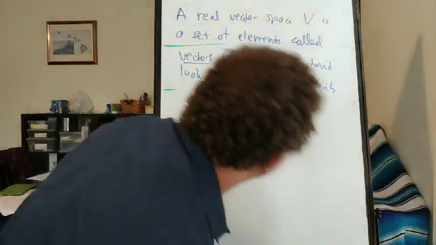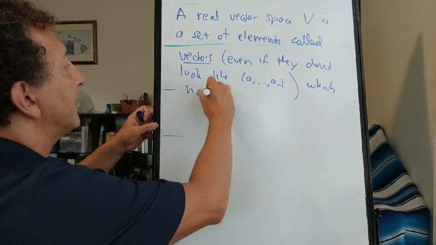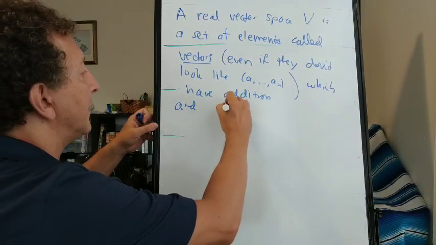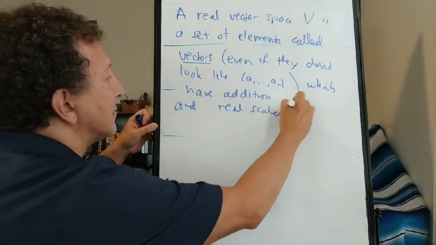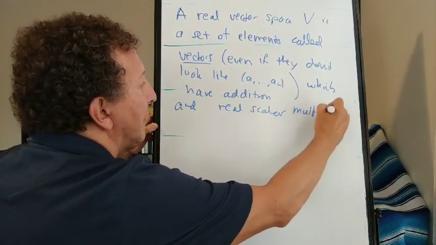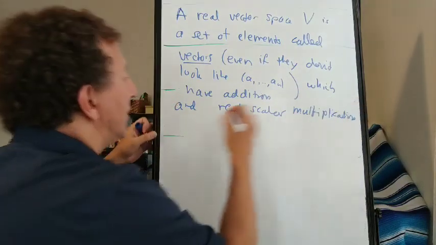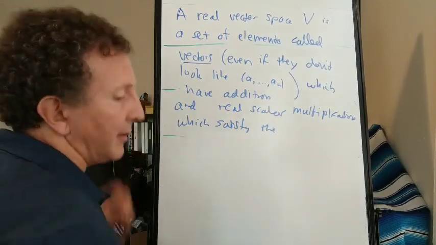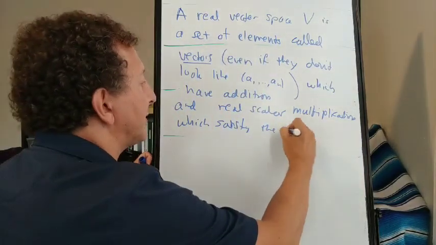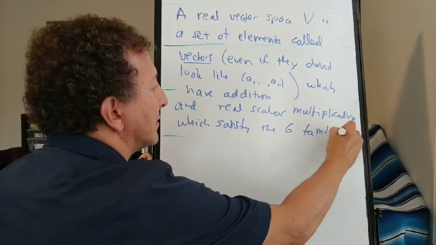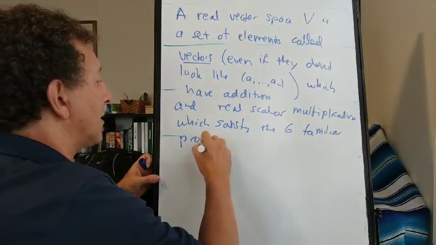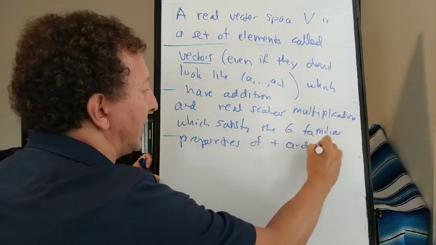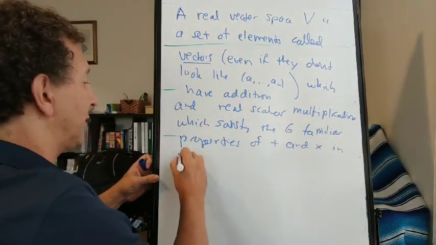Which have addition and scalar multiplication which satisfy the, let's say, 6 familiar properties of addition and multiplication in the real numbers.